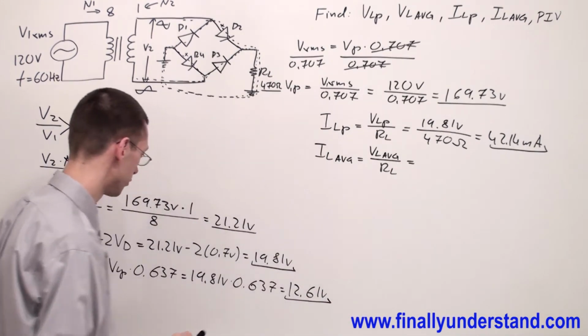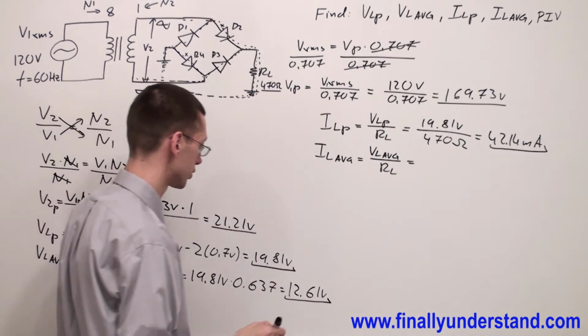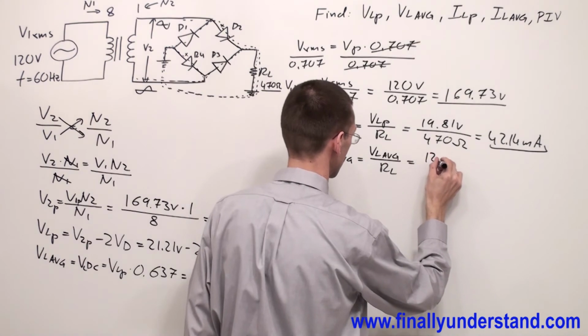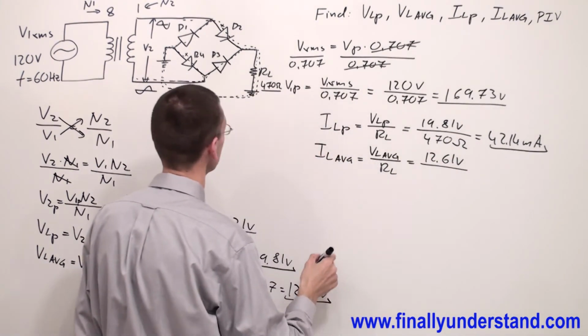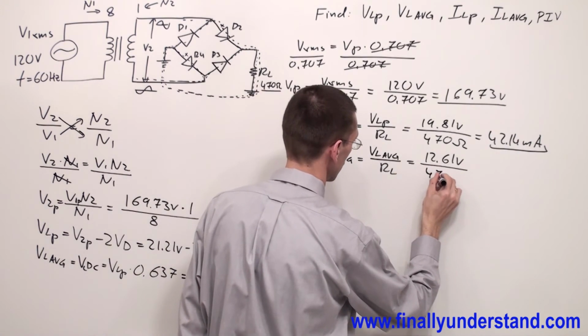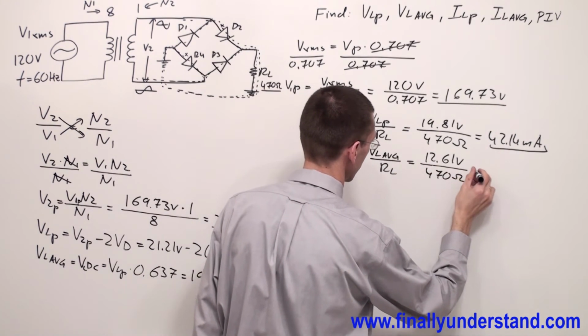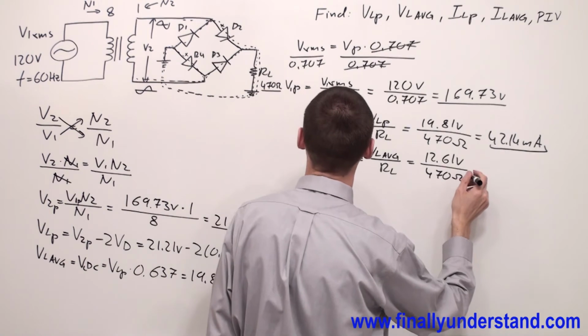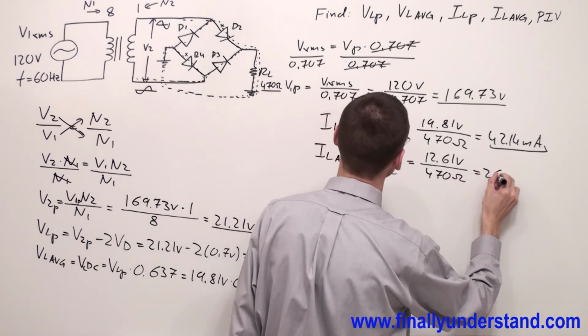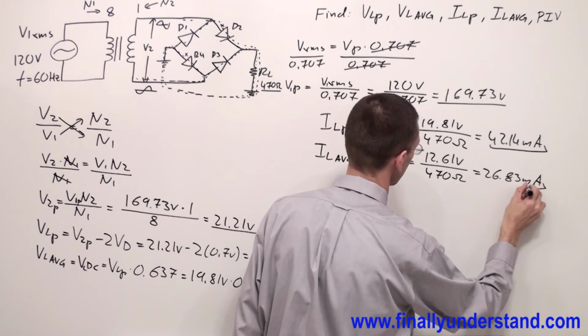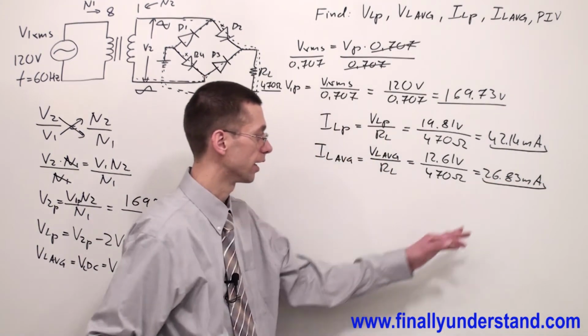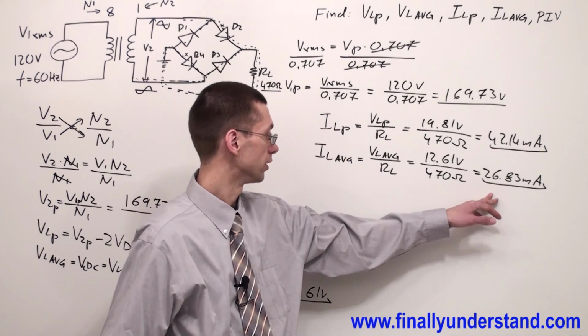VL average we've found, and is equal to 12.61 volts over RL, which is 470 ohms. This is equal to 26.83 milliamps. This is my IL average or IDC.